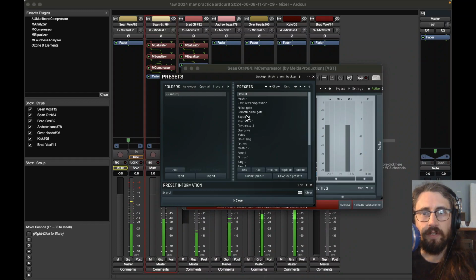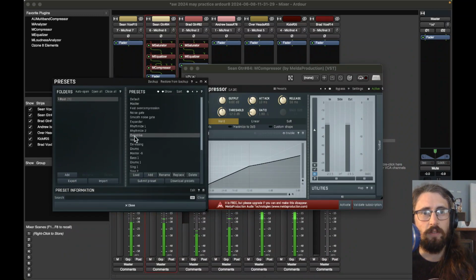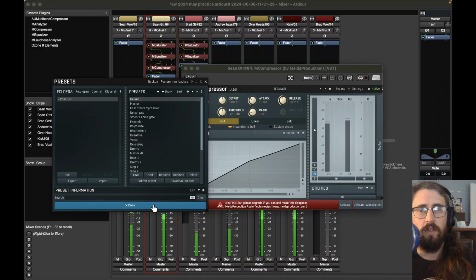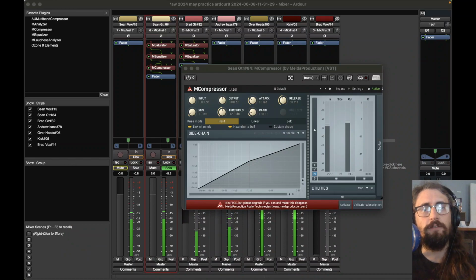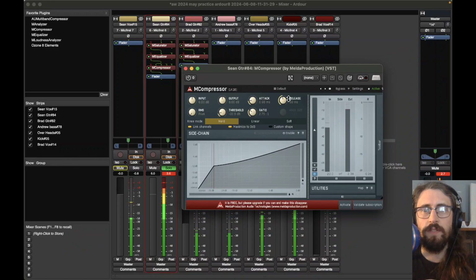They don't have an electric guitar preset. Overdrive. What's that do? Nothing. Oh god, it really does overdrive it. Okay. Whew. Nope. I'll tune it to myself. Alright, we're gonna squish it a bit. Add some fast compression here. Pull this down. Pull it way down. Is it auto gaining?